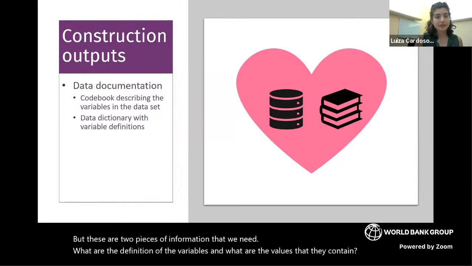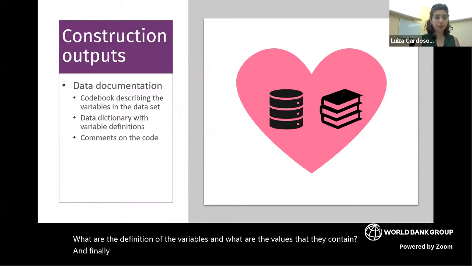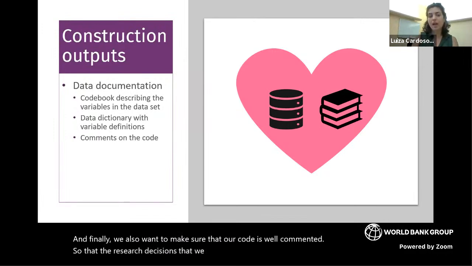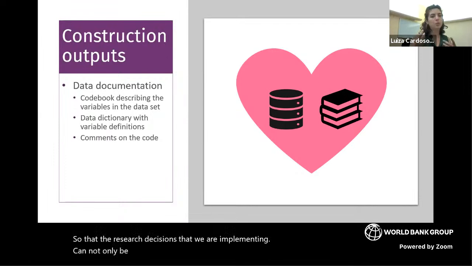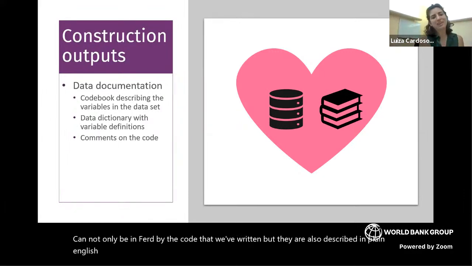And finally, we also want to make sure that our code is well commented, so that the research decisions that we are implementing can not only be inferred from the code that we've written, but are also described in plain English, or whatever language your project is using, in the same document.